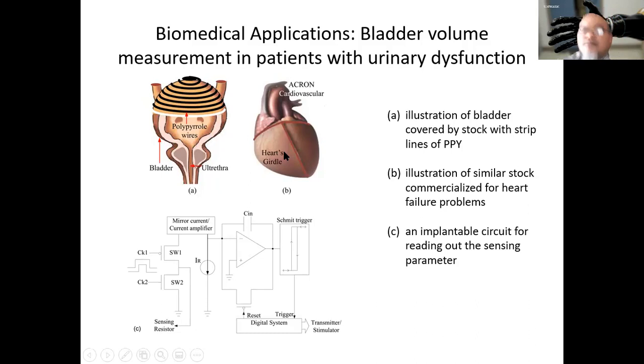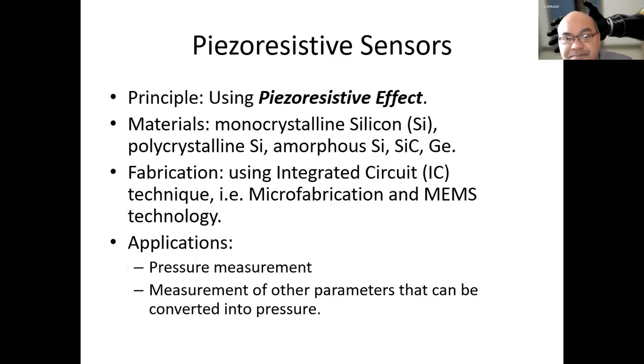The circuit that reads the output of the sensor is shown in this figure. This is the sensing resistor, and it is put into an operational amplifier, basically a current amplifier, and connected to a Schmitt trigger to trigger the digital system that will then transmit the reading result.